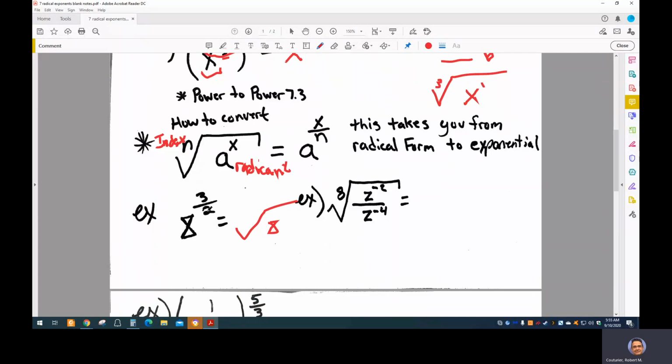Now, the numerator here is what we raise that base to. If there's a number, there is a number here. So this is the 3. See, it looks just like this. The x is in the numerator, and it's what raises the inside radicand.